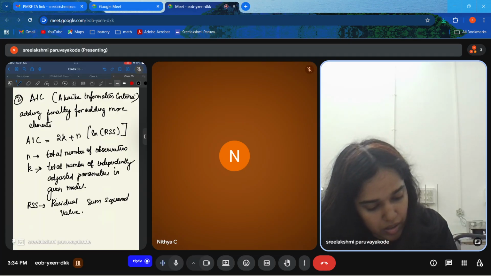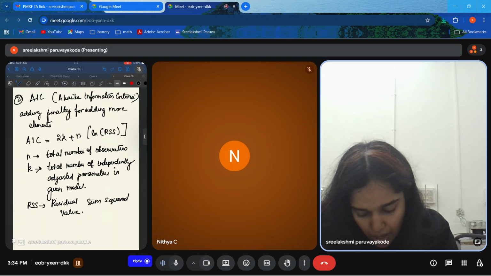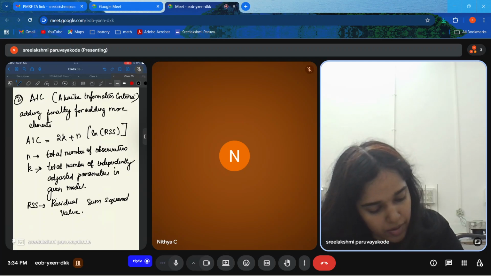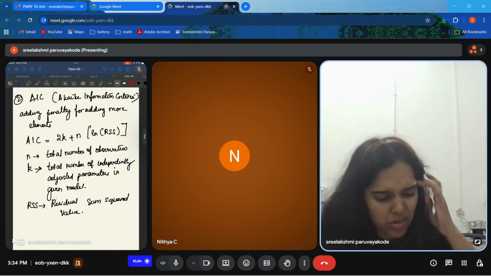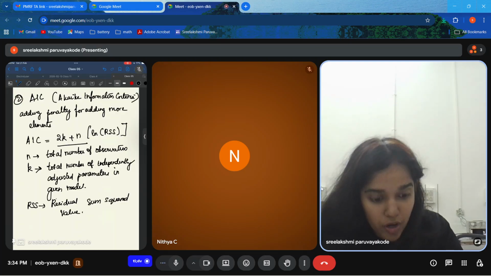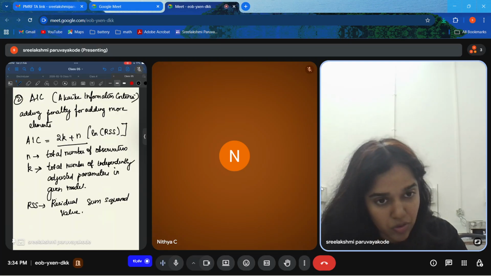So what is happening here is when you're adding more number of elements, you're adding up the penalty. So when you're adding more number of elements, you're increasing the value of AIC. At the same time, you try to reduce the residue. This value keeps on reducing.